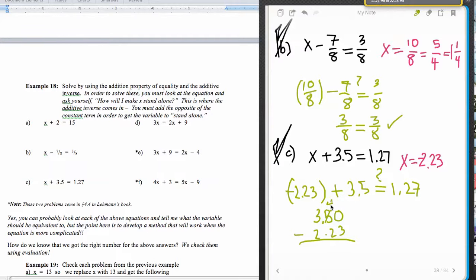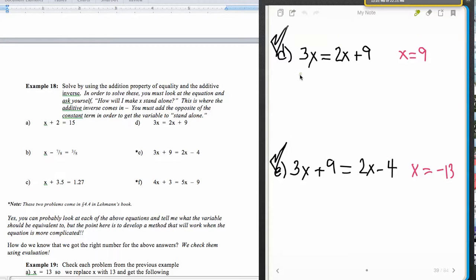So I'm going to have to borrow here, and 10 minus 3 is 7, 4 minus 2 is 2, decimal comes down, 3 minus 2 is 1, and the bigger number is positive, so this is going to be positive. 1.27 is equal to 1.27, and therefore we do indeed have a check.